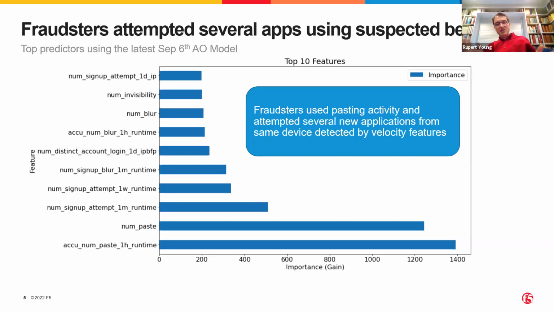We give them a dictionary that says, okay, number of blurs means the number of times that they switch back and forth between browser windows. Number of invisibility is about whether they were using an invisible window doing something that they weren't actually looking at.